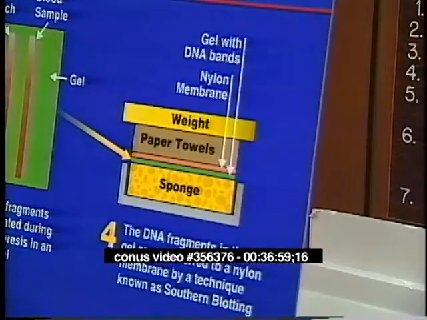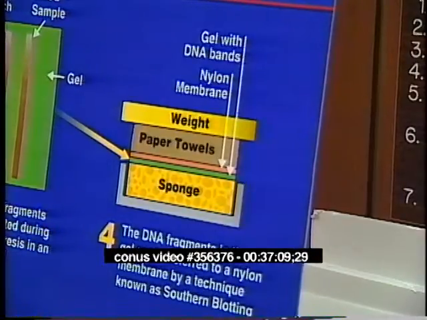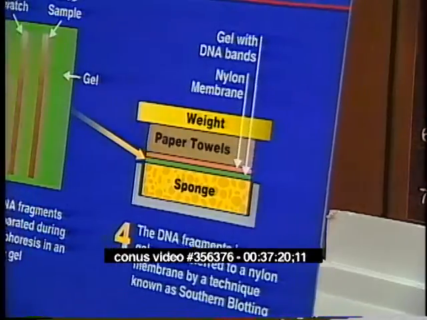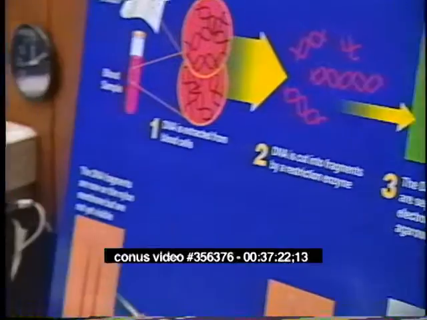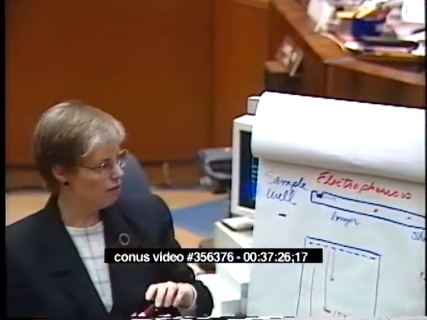What you want to do now is make a permanent record of where these DNA fragments are. And the way that's done is to transfer the DNA in the same relative positions from the gel onto a nylon membrane. And that process is illustrated in step 4.